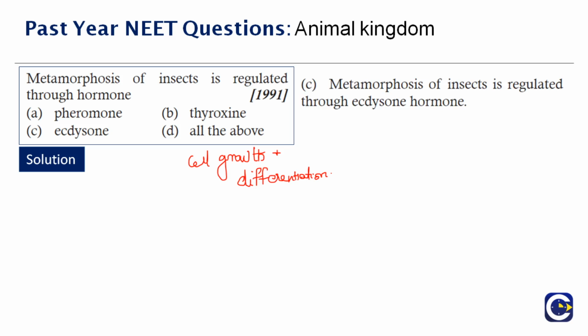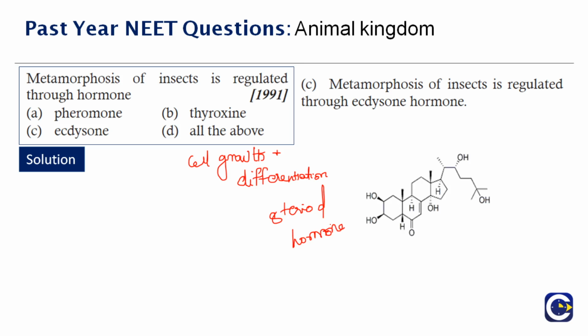It is also called a steroid hormone, which will control the molting in insects and other arthropods. Kindly remember this, don't forget it. Therefore, the correct answer to this question is option C, and you also have a molecular structure of ecdysone.